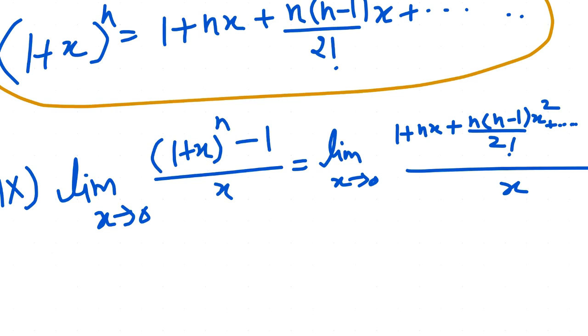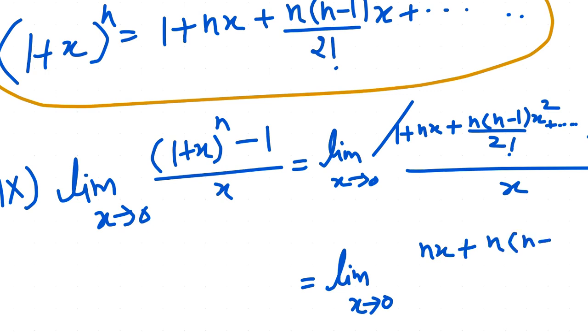Got it? Is equal to limit x tends to 0. We have now nx plus n into n minus 1 into x square upon x, and plus up to so on.